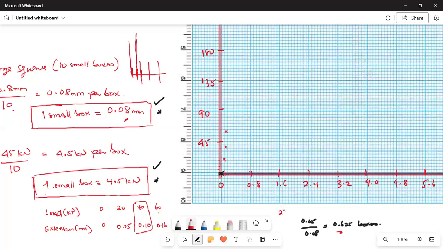I want to pick 250 and then 2.51. I want to pick these two values now. So if I divide 250 by 4.5, I'll get 55.56 boxes.